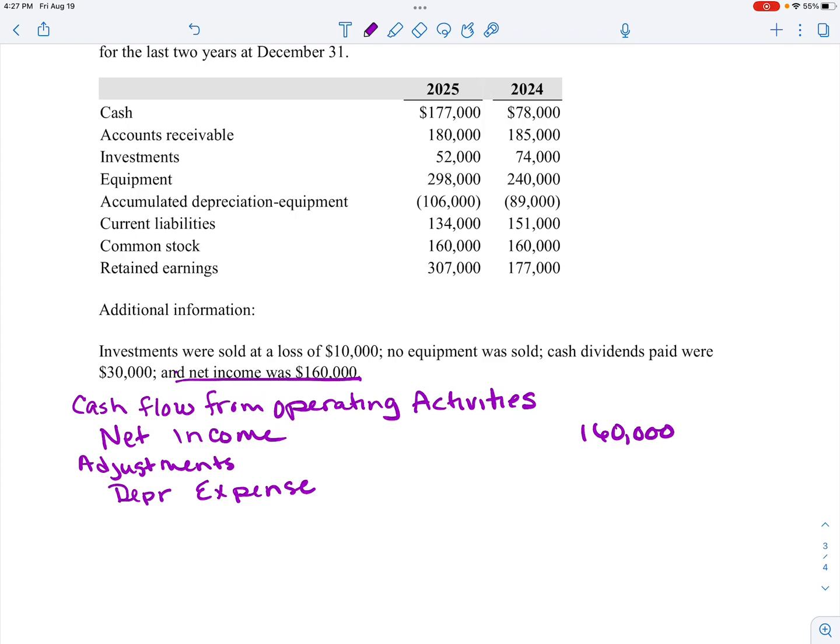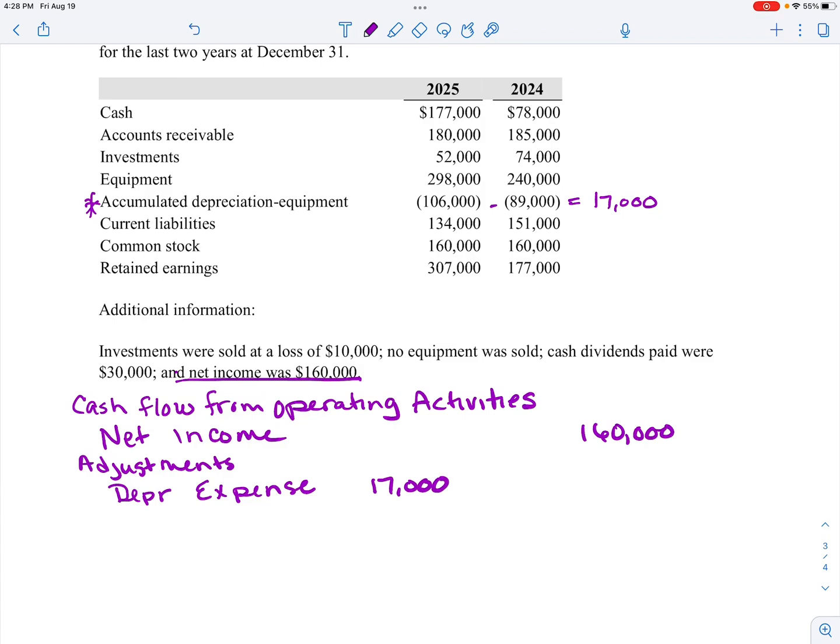So my depreciation expense, I can always look to that accumulated depreciation account and take the difference there. So if I subtract these two numbers, the difference is going to be $17,000, which will tell me how much that depreciation expense was during the year. Remember, depreciation expense is a non-cash expense.